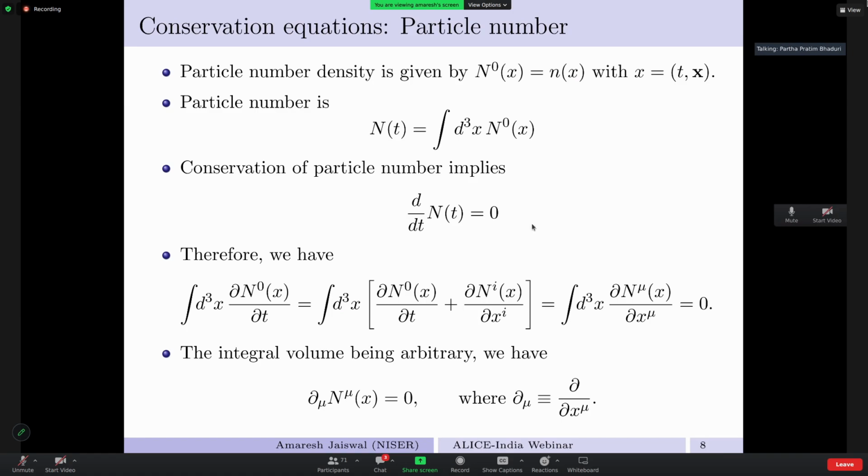Can't I just put this del t inside the integral, and then write d/dt as del t plus del xi? Because what I did was I operated d/dt on both sides. Here n0 is a function of both t and x, so d/dt just becomes a partial derivative for n0, because n0 is a function of two variables.